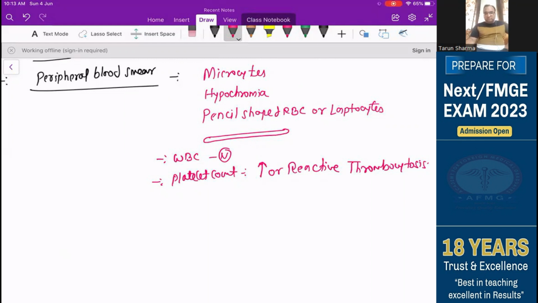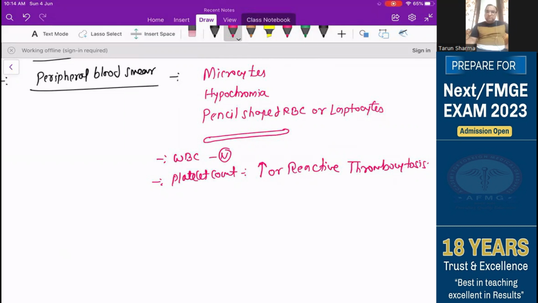So many female students come to me in my classes and say, sir, I have done my CBC examination and I got to know that I am having more platelets as compared to the normal individual. Why am I having this? Because most of the females have a mild type of iron deficiency anemia, and that is the cause of increased platelets in young females who have menstrual problems or menorrhagia or any other thing.